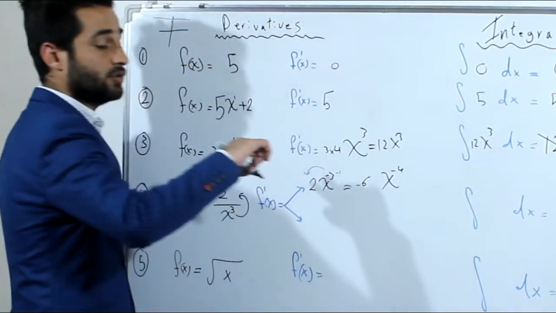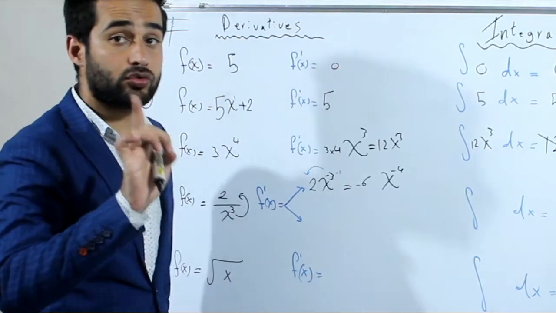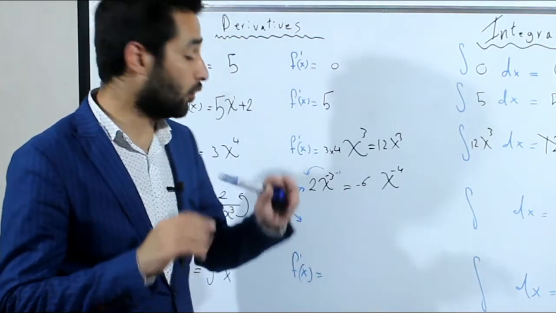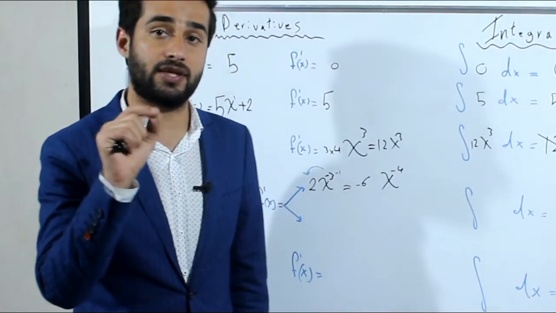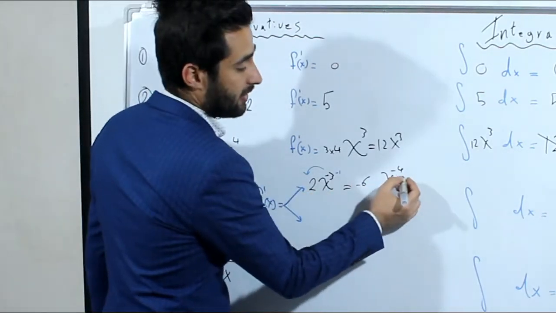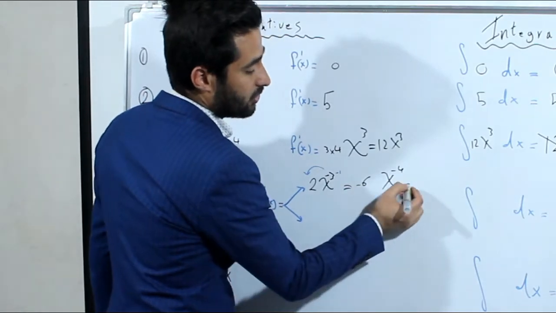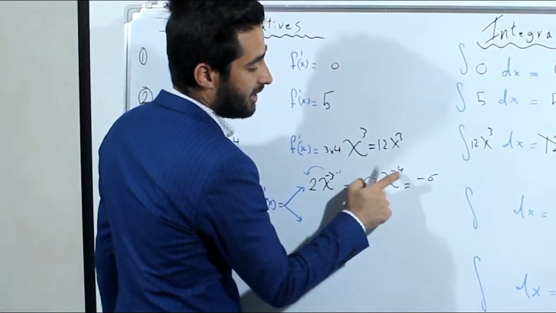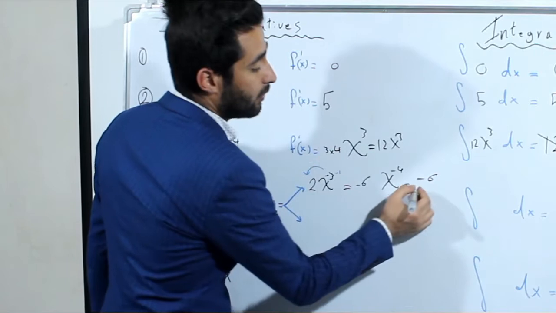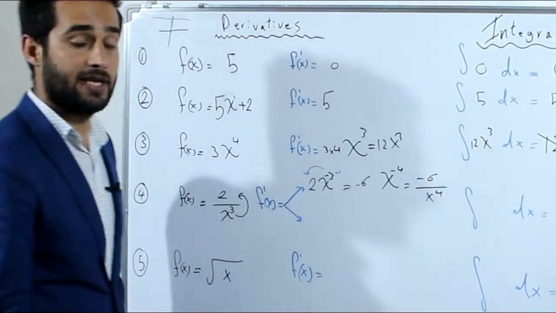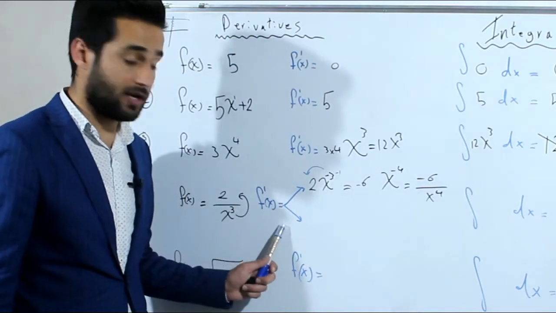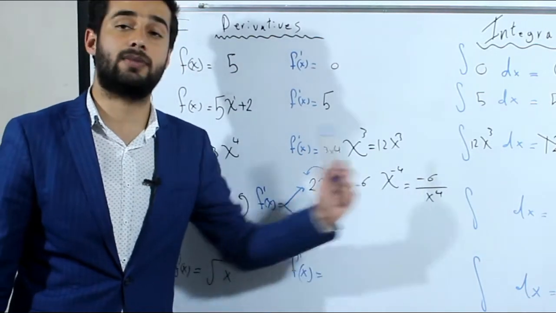And then don't leave anything with a negative power, you have to fix the power. So take this to the denominator, and only the minus of the power will be gone, so x to the power of 4.